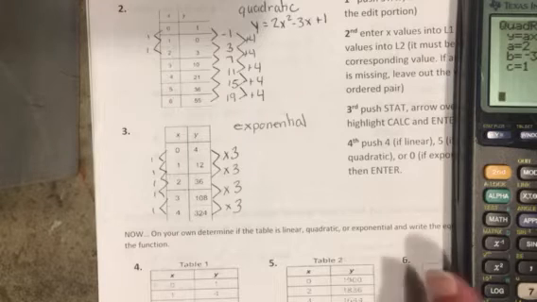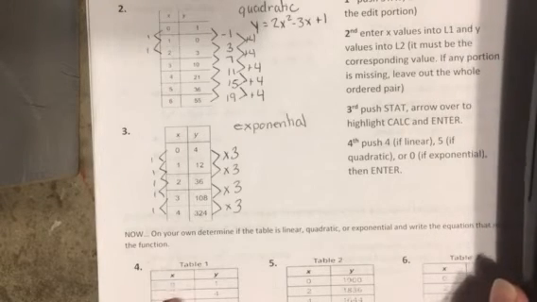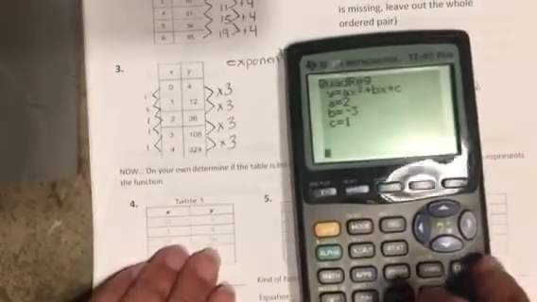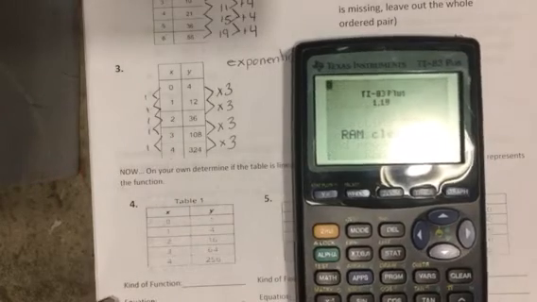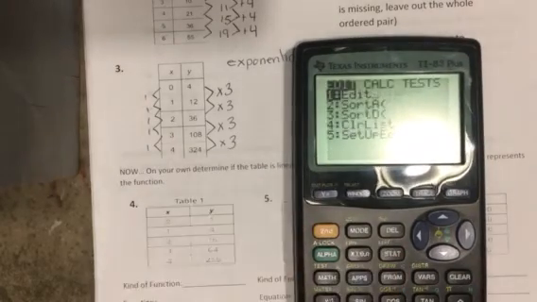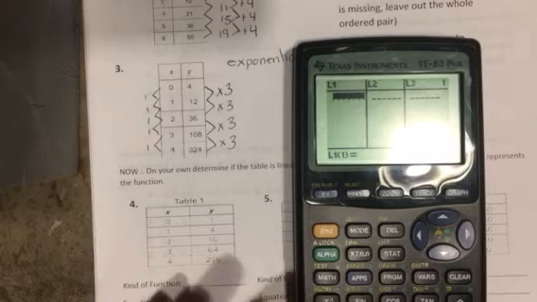Last one, exponential. Clear your calculator. Stat, edit.